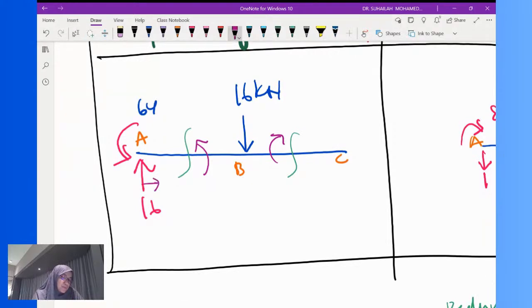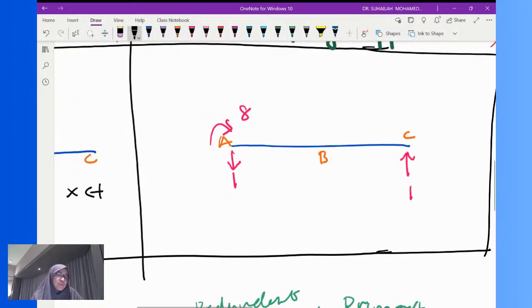Okay, this is A as origin, and this is C as origin. So for member AB, A is the origin, so the moment is counterclockwise. And for member BC, C is the origin, so the moment is clockwise. So this is actually the moment M naught.